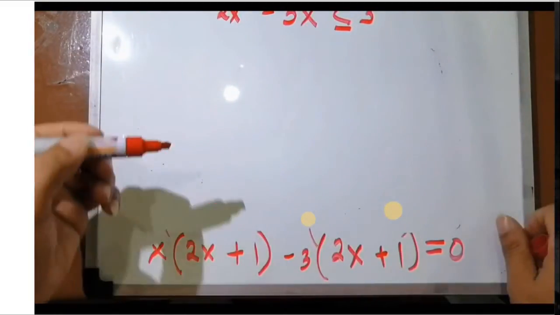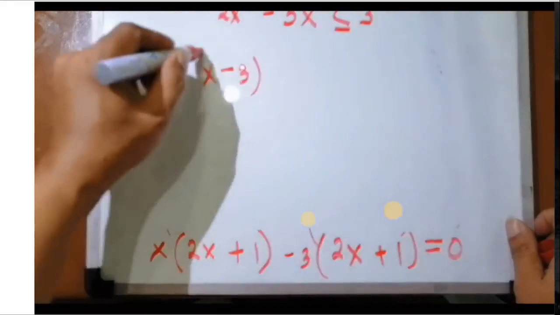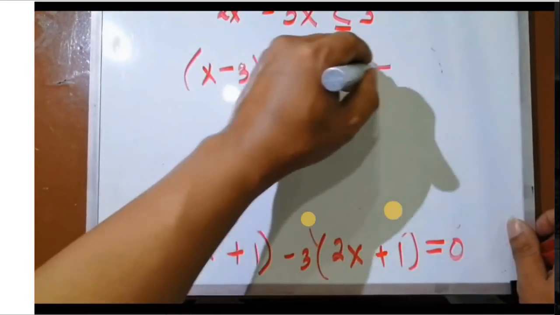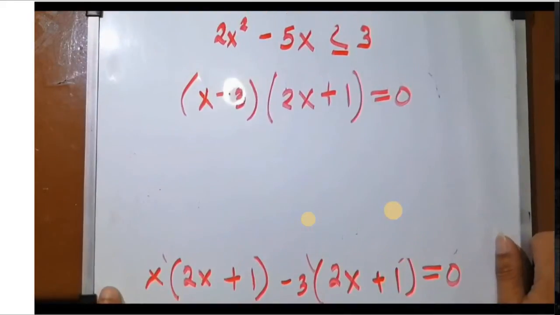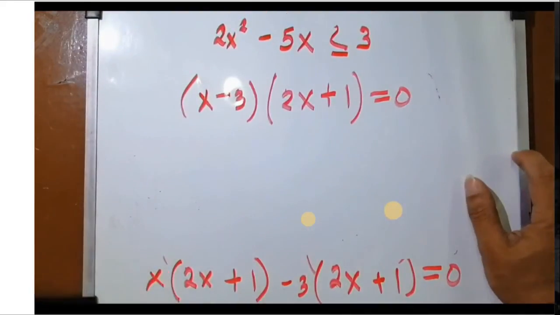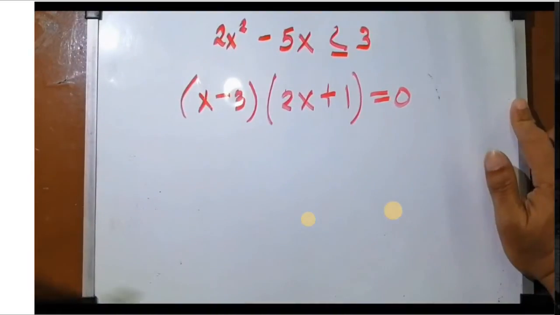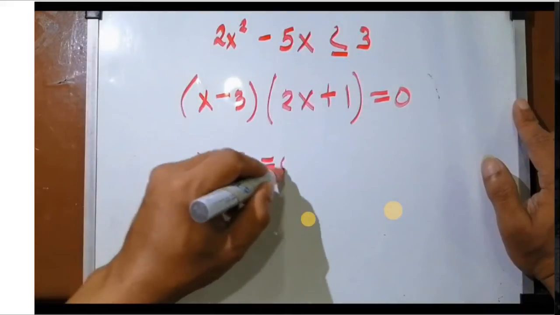So, ang factor natin is x minus 3 and 2x plus 1 equals 0. Right? So, solving for x, i-equate lang natin sa 0 yung dalawang factor. So, x minus 3 equals 0.